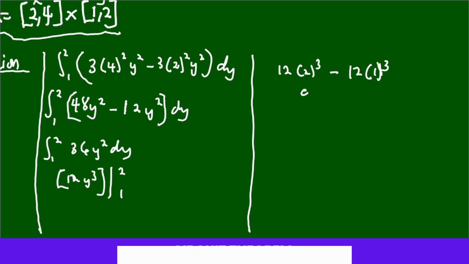That is going to give us 96 minus 12, which is 84. So our double integral will give us a value of 84. And that is how we solve our double integrals.